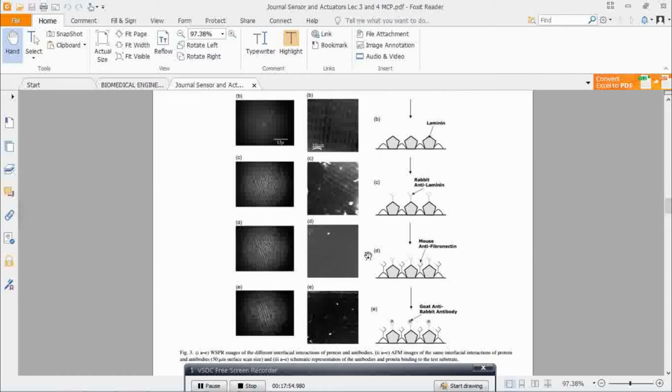So this is the same substrate imaged with AFM. You can see the layers become more or less the same thickness. So in this image also there is actually a reduction.